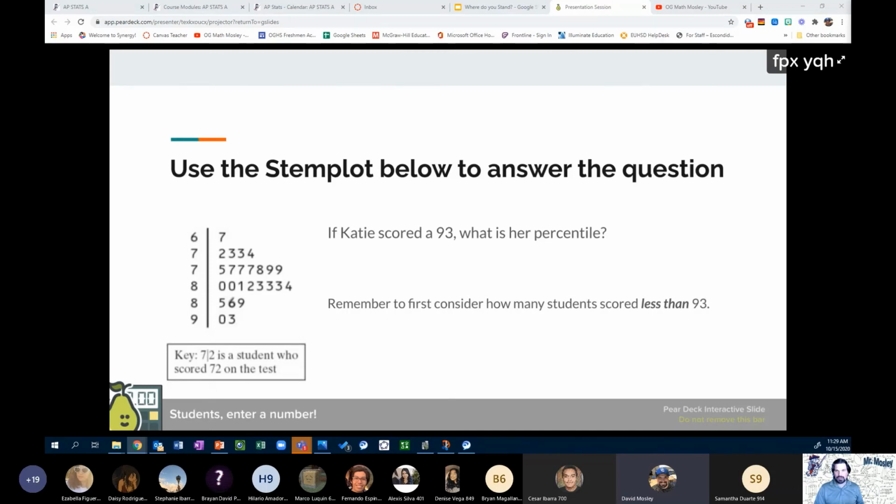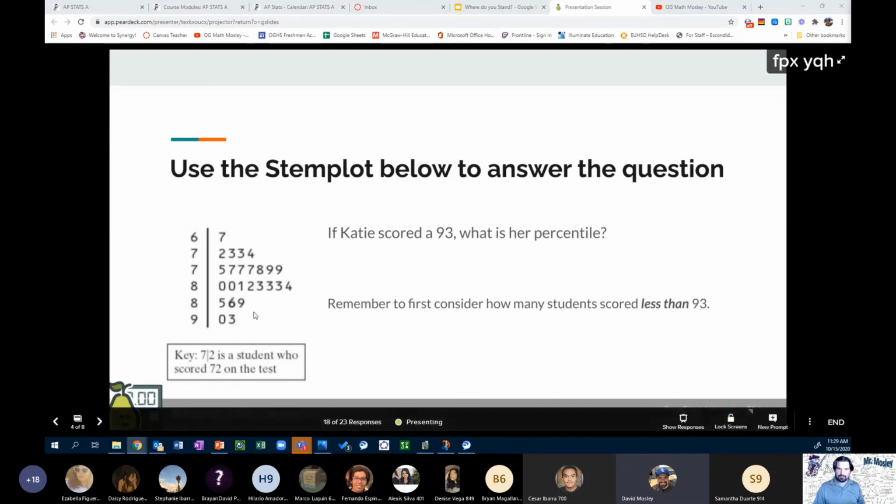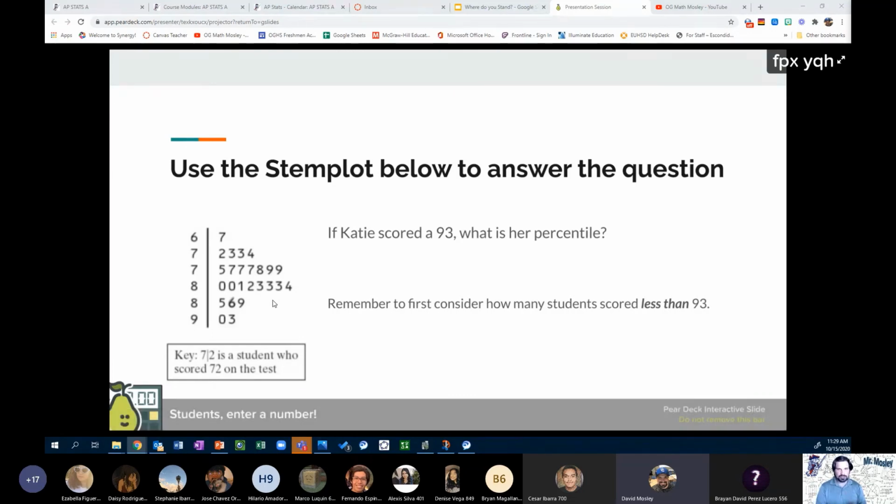All right. So the correct answer here was 96, or the 96th percentile. 96% of the scores were less than 93. 4% were equal to 93 or greater. Remember, the percentile wants to know what percentage of scores were less than the value you're considering.